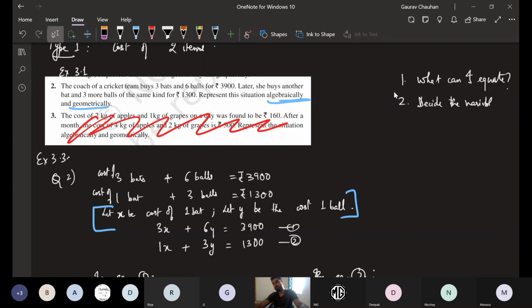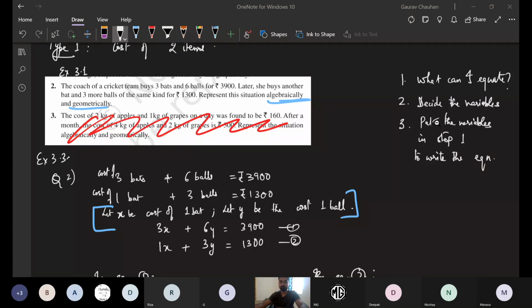She decided X is the cost of 1 bat, Y is the cost of 1 ball. In this case, it would be variables, because that time it was one single variable. Third one was put the variables in step 1 to write the equation.